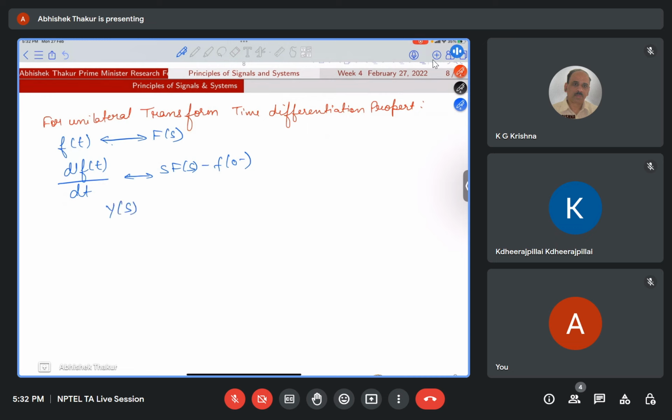Therefore Y(s) can be represented as the zero state response plus the zero input response. This is the zero input response, which means this value comes only from considering the initial condition.